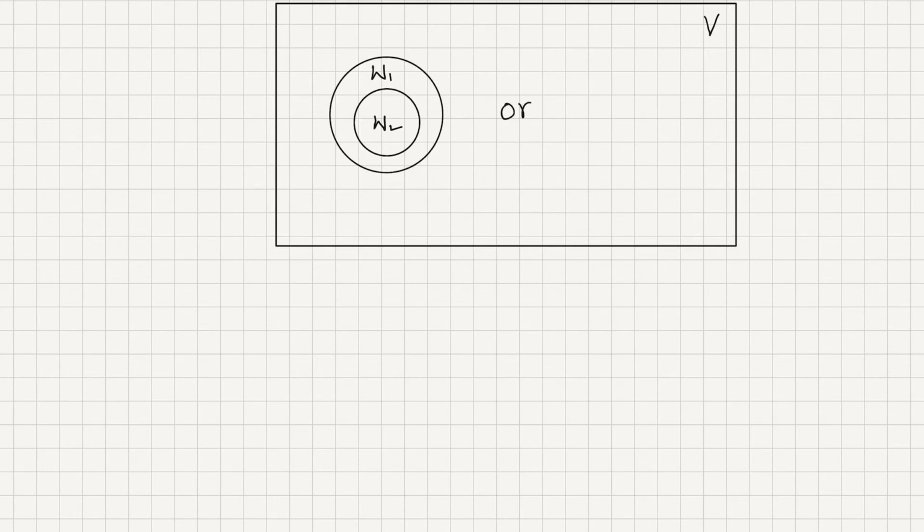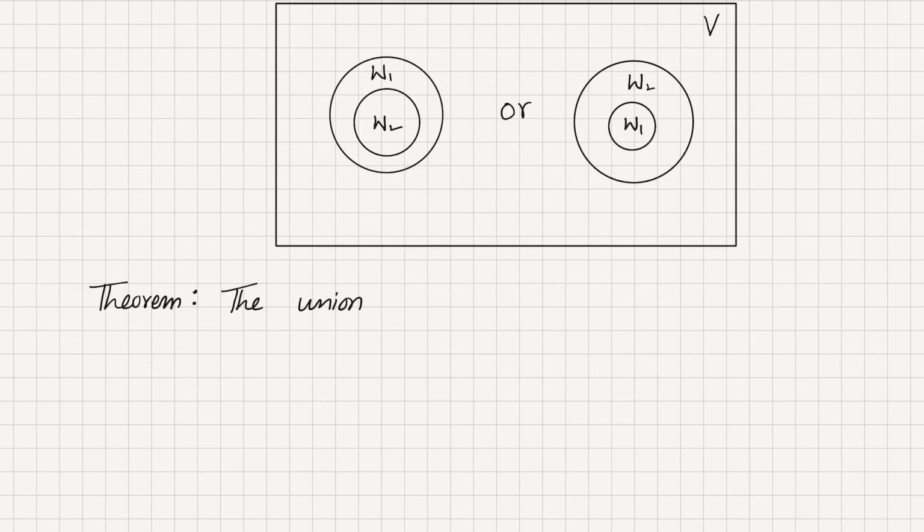Or you have this scenario, if this is W2 and this is W1, then their union will be a subspace. This is the necessary and sufficient condition for the union of two subspaces to again be a subspace.